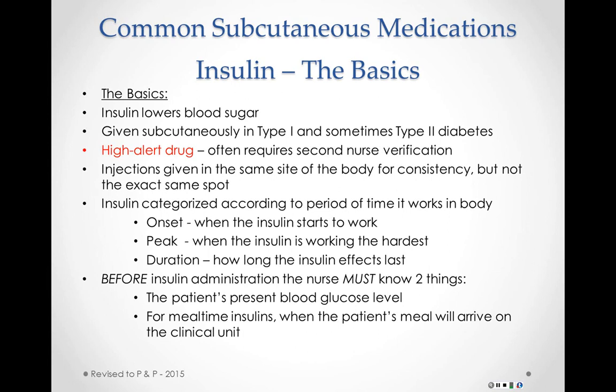So in the hospital, before giving each dose of insulin, the nurse must know the patient's present blood glucose and, for mealtime insulins, when the patient's meal tray will arrive on the clinical unit. Without this knowledge and awareness around the timing of insulin, the nurse can cause a life-threatening hypoglycemic reaction if rapid or short-acting insulin is given without food.